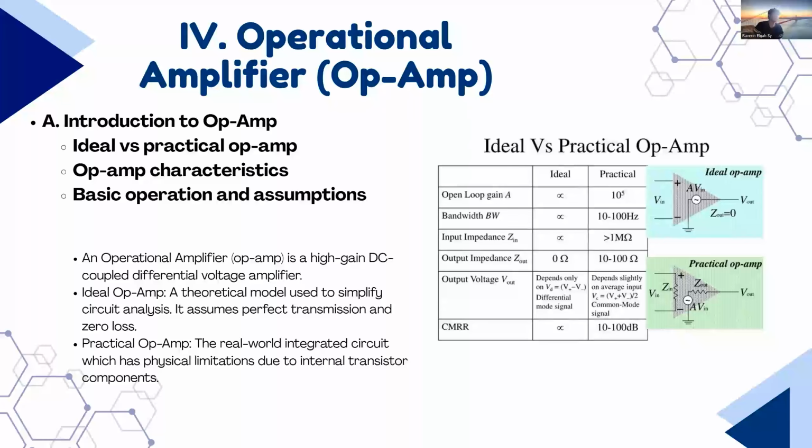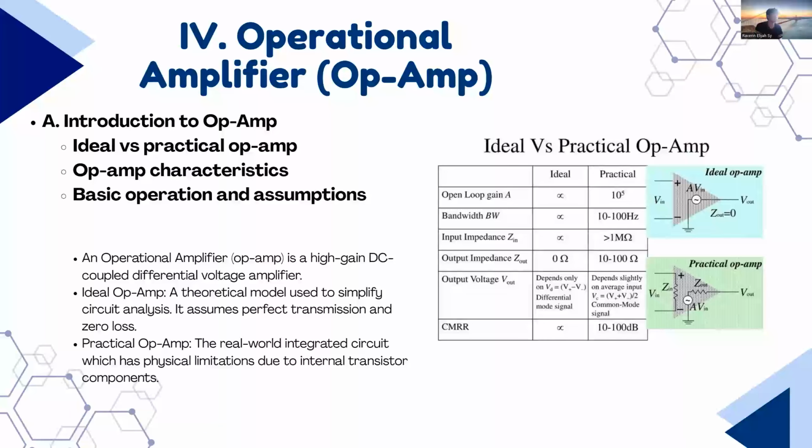When an op-amp is configured with a negative feedback loop, meaning a portion of the output is fed back into the inverting input, it operates linearly. Under these conditions, you apply two fundamental assumptions to analyze the circuit. The input current is zero because input impedance is exceptionally high.